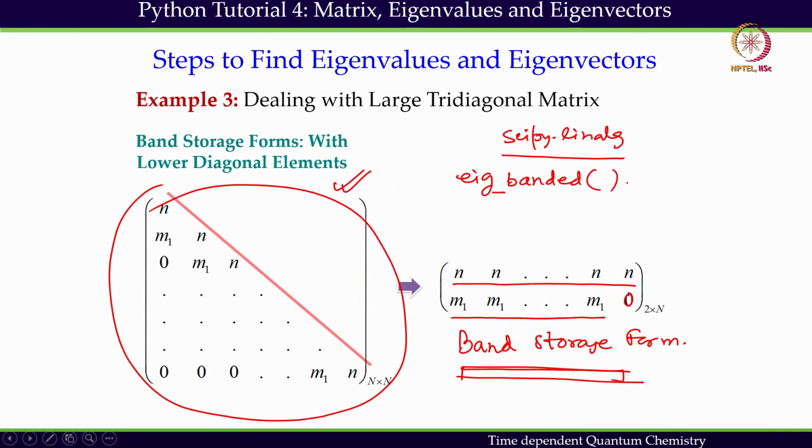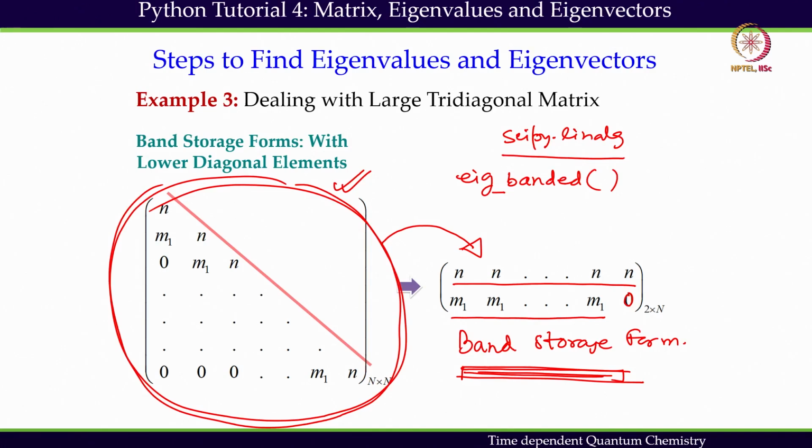So, the bottom line of the entire discussion is that if I have a very large Hermitian tridiagonal matrix, the first thing I should do to reduce the memory consumption and to make the computation faster is to convert this large matrix to one of the band storage forms, either with the help of upper diagonal elements or with the help of lower diagonal elements.